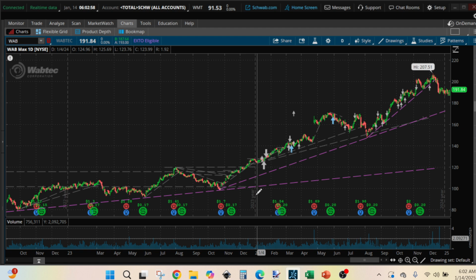The next one is WM. So this pretty much is there. I wanted to adjust it, but I'm going to leave it. We purchased it at this trend line and the price went down past it.